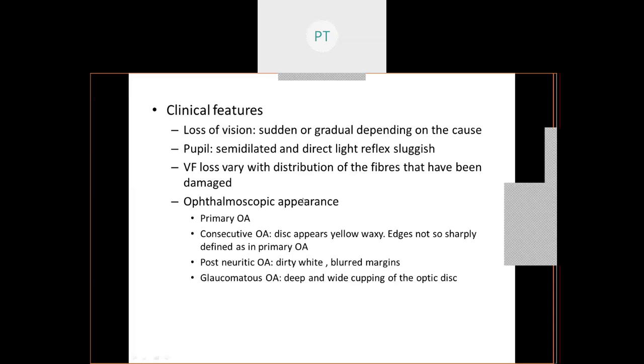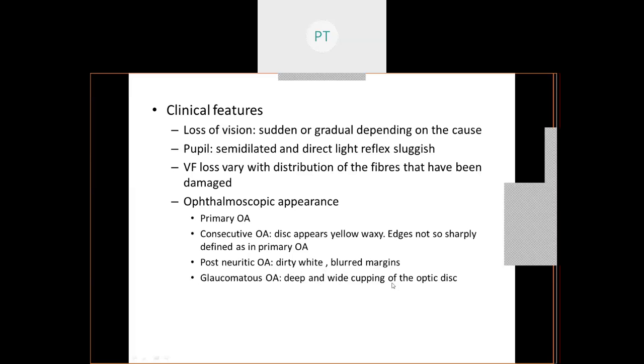If you look at the ophthalmoscopic appearance, primary optic atrophy I've already discussed. Then in consecutive atrophy you have a waxy appearance, and the edges are not as defined as in primary atrophy. Post-neuritic is a secondary type of optic atrophy, and you can see dirty white or blurred margins. In glaucomatous, you have wide cupping of the optic disc.